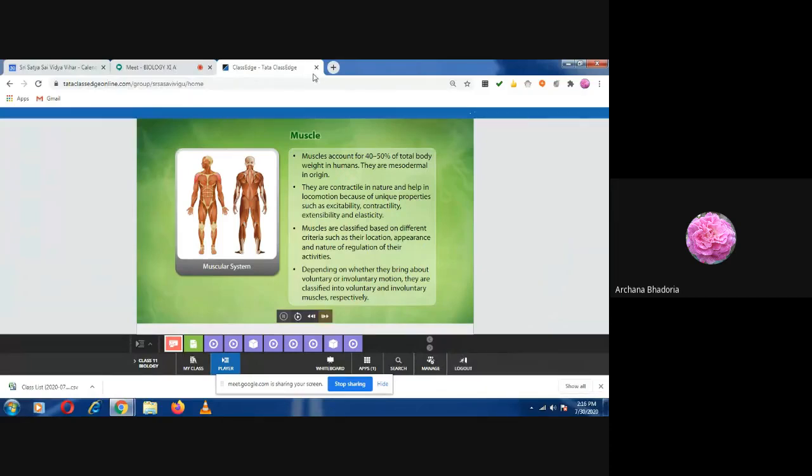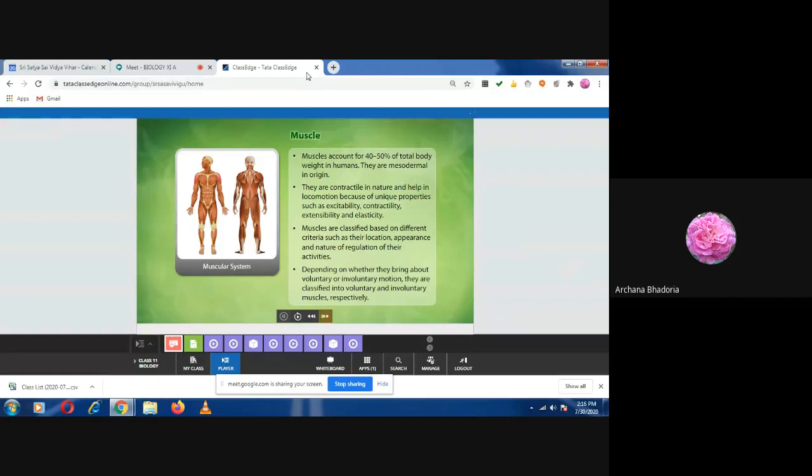So striped muscle, we also call it striated muscle or voluntary muscle, or skeletal muscle. And the other one, unstriated or unstriped muscle, is involuntary. The last is the cardiac muscle, which is found in the heart and is involuntary in nature.